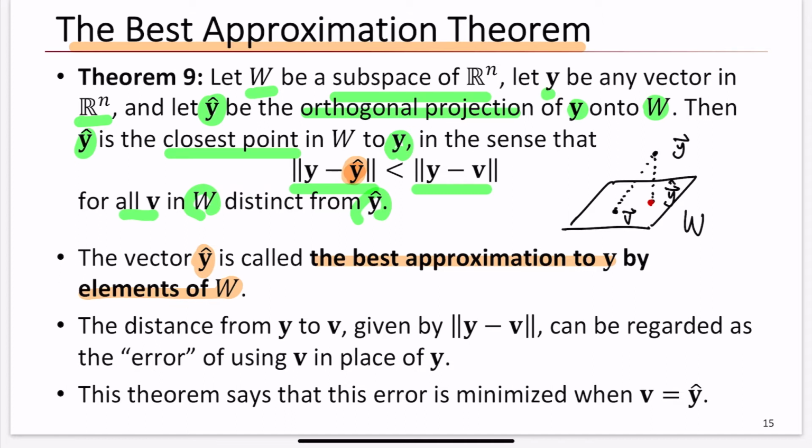In other words, the distance from y to v, the length of y minus v, can be regarded as the error, I mean the distance or error of using v in place of y. So in this case, if we use y hat as this vector v, then the error will be minimized.